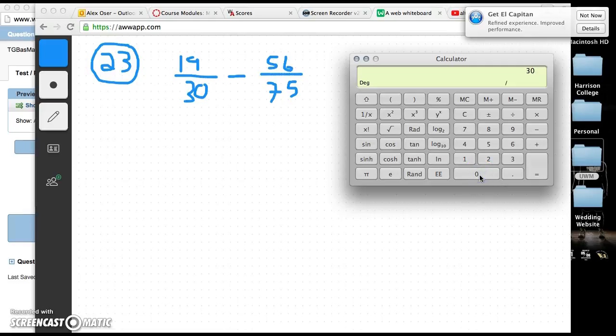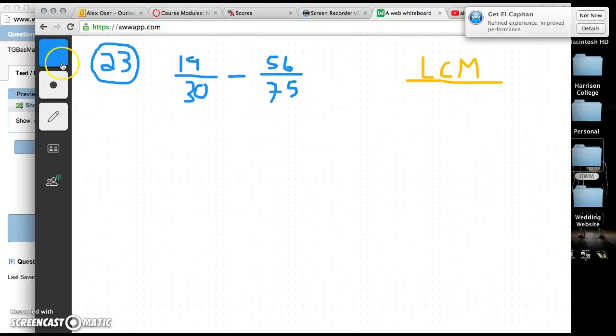If we get a whole number, 30 is a multiple. If it's a decimal, then we know that it is not. So when we hit equals here, we see that we do in fact get 5, which is a whole number, which tells us that 150 is a multiple of 30 as well.